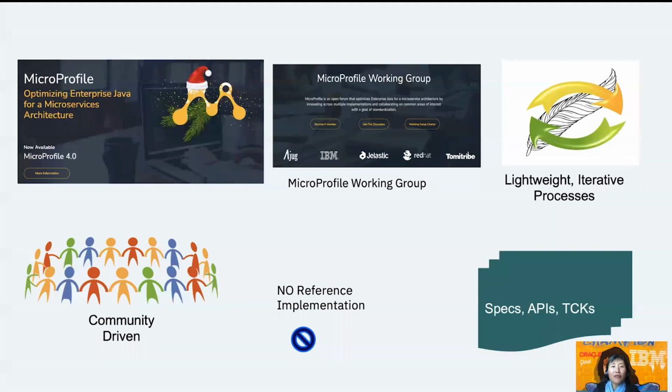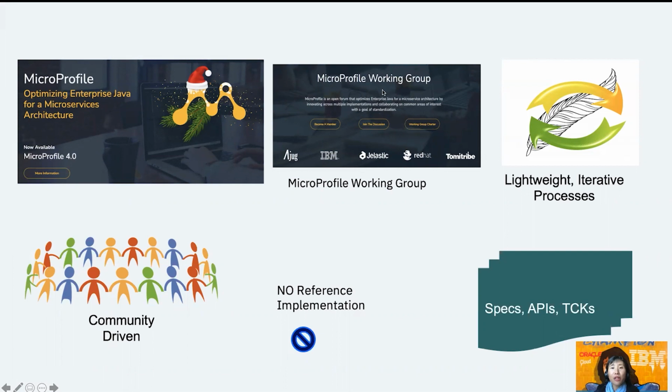MicroProfile has been around for over 4 years, as you can see from this picture here. In 2020, just before Christmas, we released MicroProfile 4.0. Actually, in 2020, we spent a lot of time to set up a MicroProfile working group, to transform MicroProfile into a standards body.